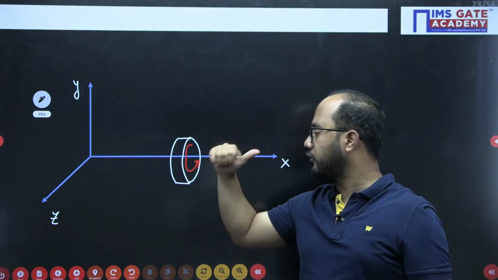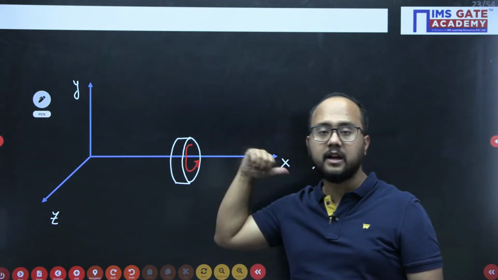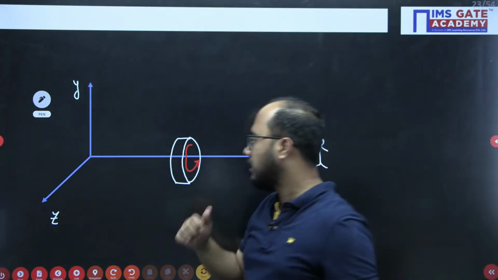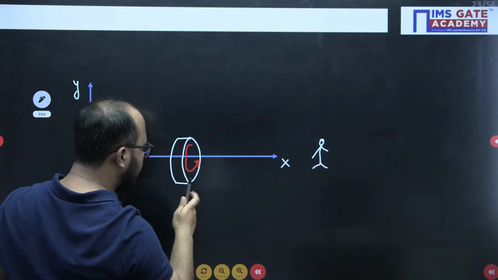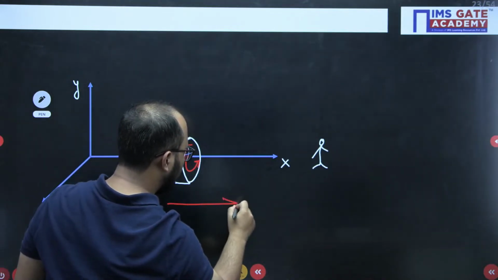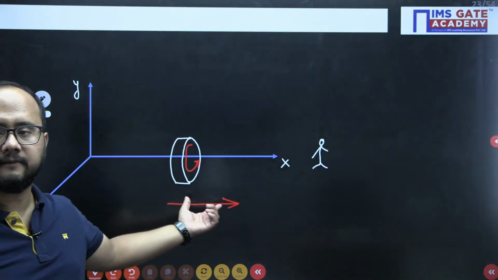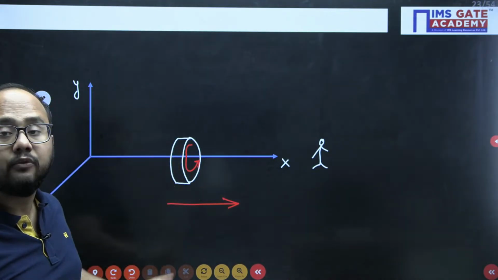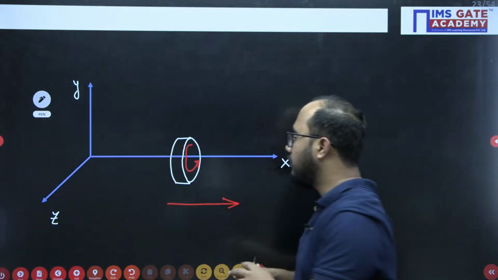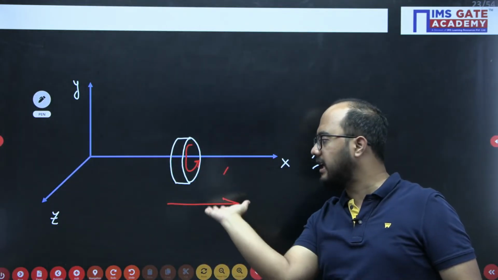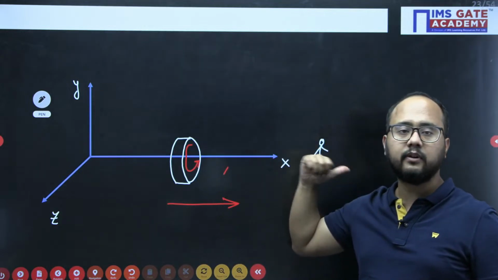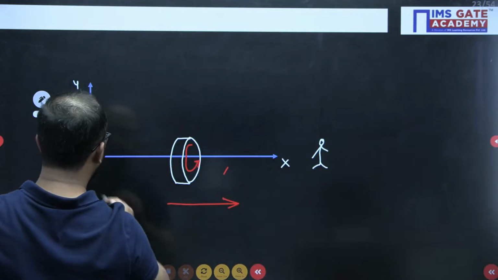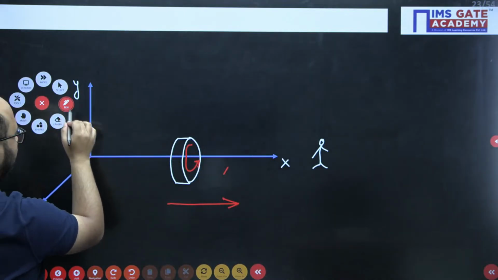So you will curl your fingers in the anti-clockwise sense, and the thumb direction will give you the direction of rotation. The thumb is towards right, so we will draw the rotation vector like this. This is the representation of rotation of this disk, which is rotating anti-clockwise from the right hand side. Accordingly, I will curl my fingers and the thumb will show the direction of rotation. So using the right hand thumb rule, we can identify the direction of rotation.